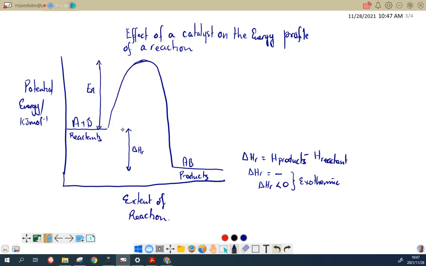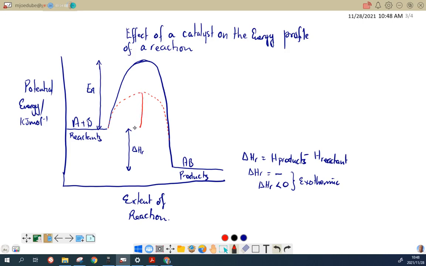Then what happens when we bring in a catalyst? Well, what a catalyst does is that it gives the reaction an alternative pathway. It's an alternative pathway of lower activation energy. So what I'm simply saying to you is that when you introduce a catalyst into the reaction, it's going to make the reaction follow a pathway that has got a lower activation energy.